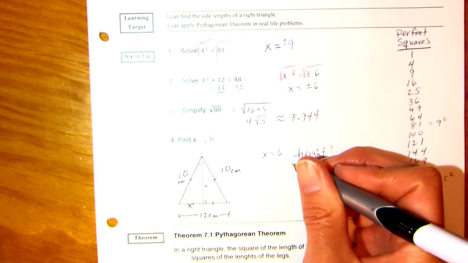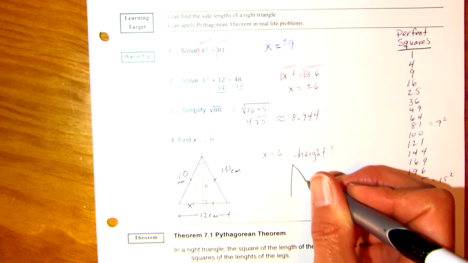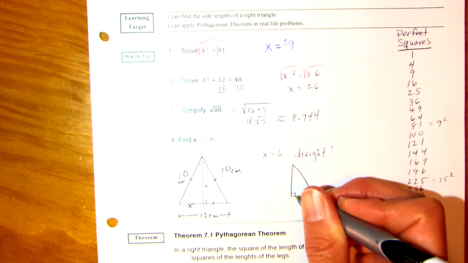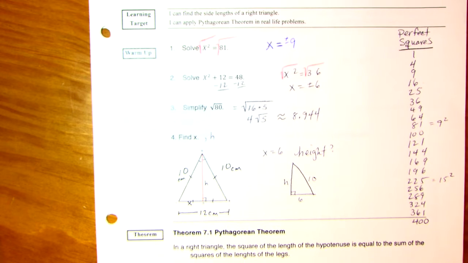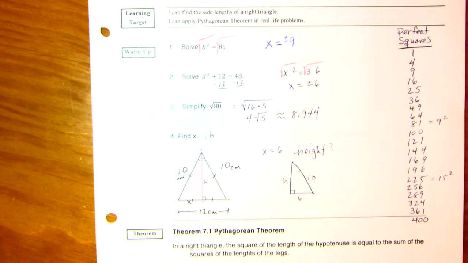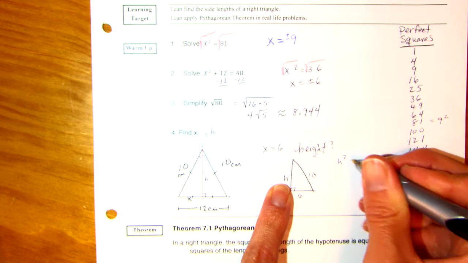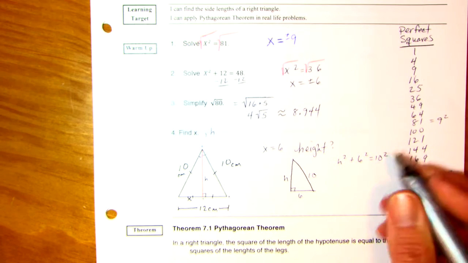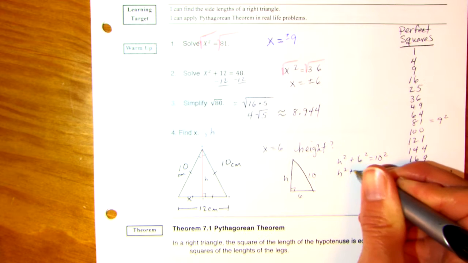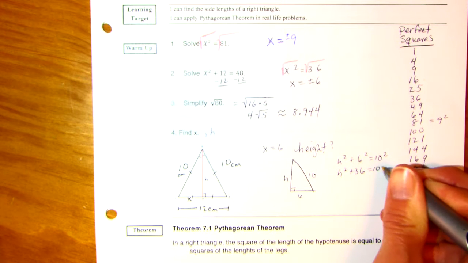Well, let's look at just the right side of this triangle. I know this is 6 and this is 10. We're going to call this h. We have a right triangle, so you can use the Pythagorean theorem. h squared plus 6 squared is equal to 10 squared. h squared plus 36 is equal to 100.